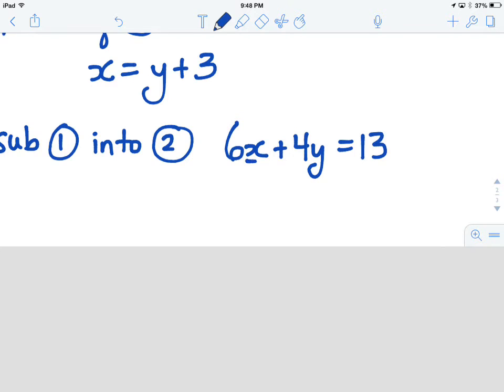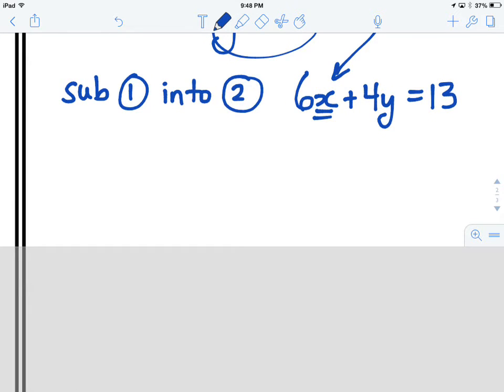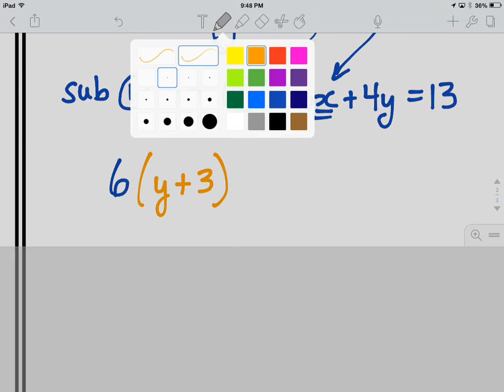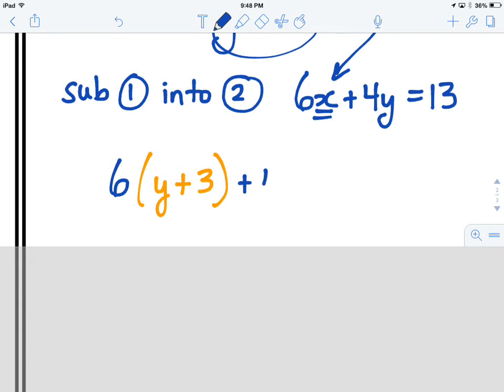But now, instead of writing x, I'm going to make this substitution, because I've just told you what x is equal to. It's equal to y plus 3. So here we go, we're going to make this substitution. 6, and we're not going to write x anymore, we're going to write y plus 3, plus 4y is equal to 13.